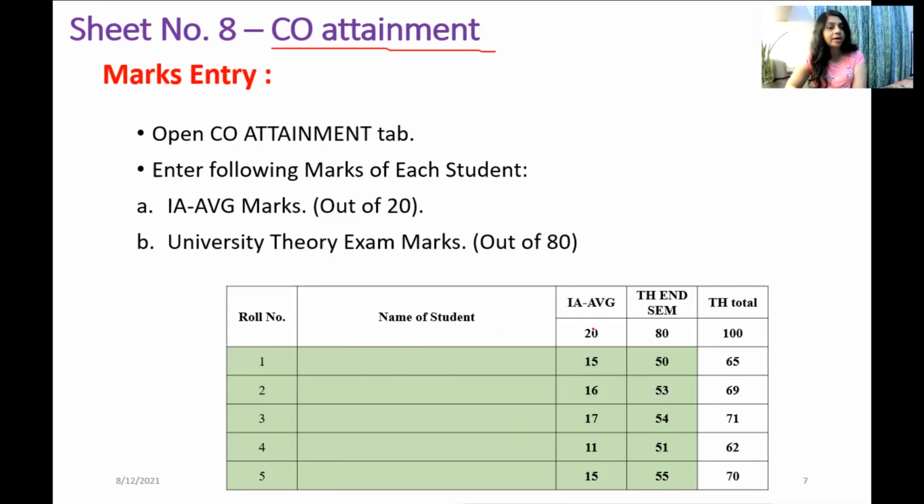Now here enter the average of internal assessment. You already have the average marks of internal assessment, so enter that average, meaning internal assessment 1 plus internal assessment 2 divided by 2. And here directly enter the marks out of 80, the marks of every student out of 80.